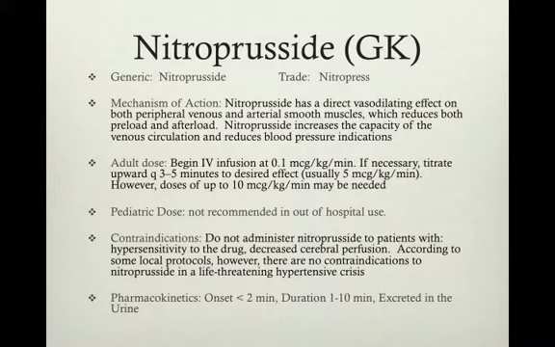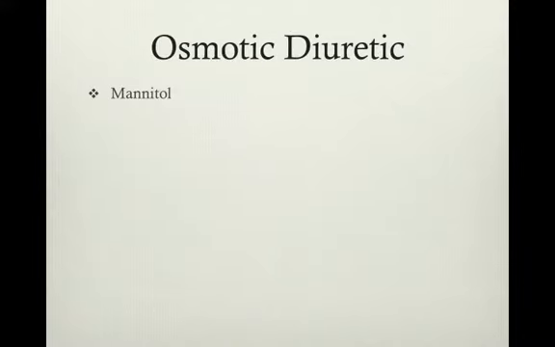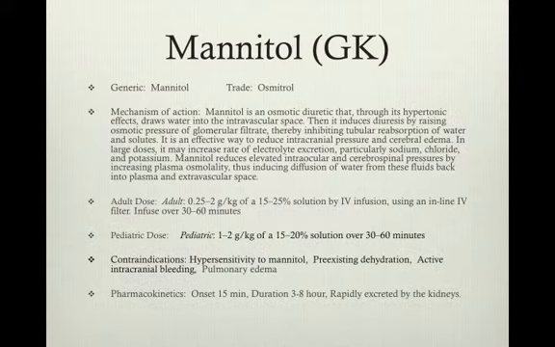We may see patients on this quite a bit whenever they're in the hospital to reduce the blood pressure in an acute setting. Osmotic diuretics are mannitol, and mannitol isn't used much in EMS, that's why it's a general knowledge drug, but it is a very large molecule substance that pulls fluid out. Mannitol is an osmotic diuretic that, through its hypertonic effects, a very large molecule, thick substance, draws water into the intravascular space. Then it induces diuresis by raising the osmotic pressure of the glomerular filtrate, thereby inhibiting tubular reabsorption of water and solutes.